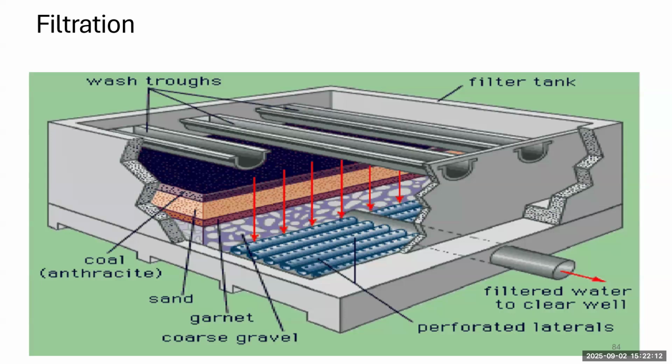That filtered water is sent on to the next step, which is going to be disinfection. Daryl's going to talk about disinfection tomorrow. At the top, you see those wash troughs. When we backwash this filter, that same underdrain system that's collecting the water is going to send treated clean water back up through the filter media to wash it, and the dirty water is going to be collected in those wash troughs.